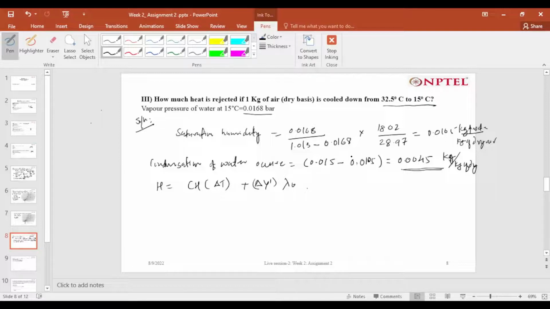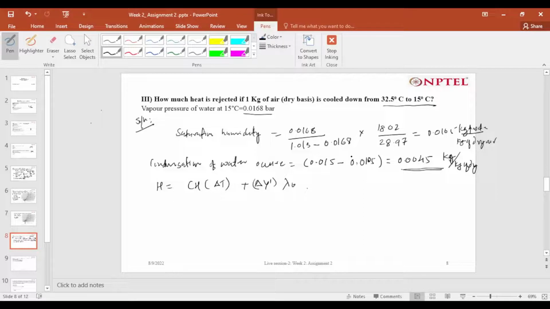Now, the same statement, question 4: if the air sample is heated to 50 degrees Celsius and its pressure doubles, what would be its relative humidity and dew point? Here the vapor pressure of water at 50 degrees Celsius is given, and this is the Antoine equation to calculate.